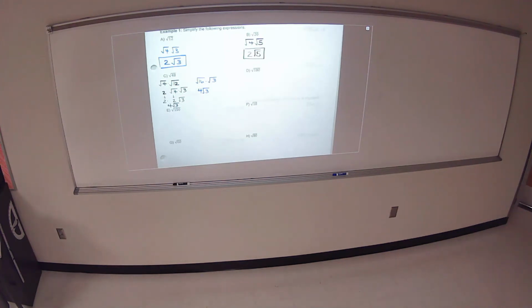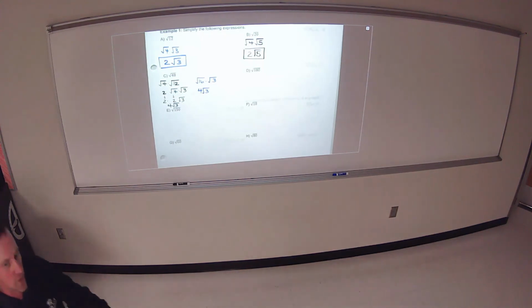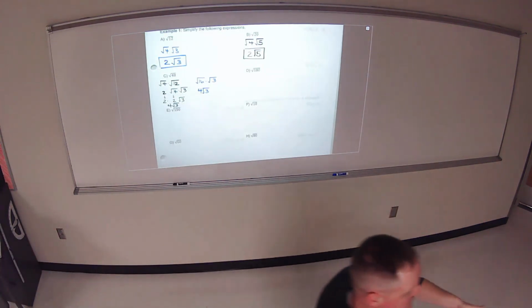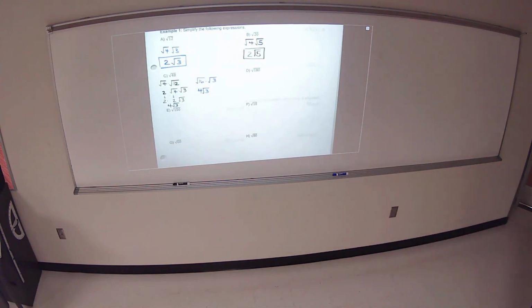I need somebody to raise your hand, don't blurt it out, and give me a perfect square that divides 180. Well, 12 is not a perfect square. Remember, your perfect squares are 1, 4, 9, 16, 25, 36, 49, and so on. Delaney, is that a question or a statement? The fact that you don't know means it's a question. You'd better check that on your calculator.